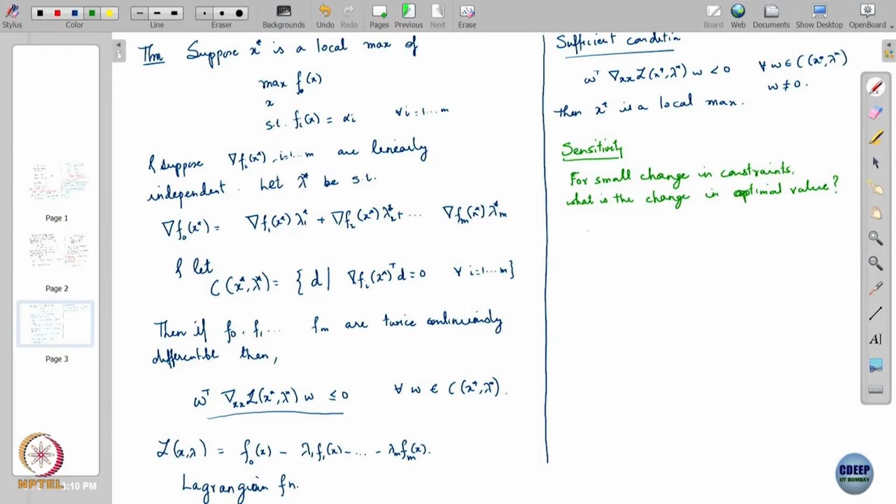So, you can get in the general case, if I look at just, so this is the derivative of the optimal value with respect to alpha, that is always equal to lambda star transpose.